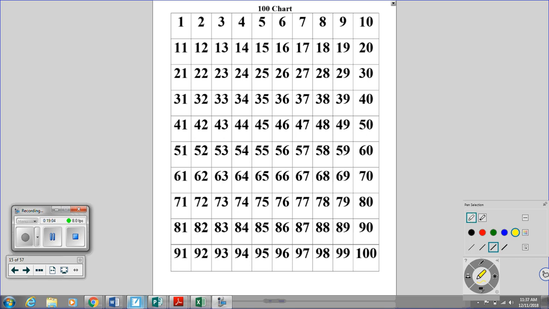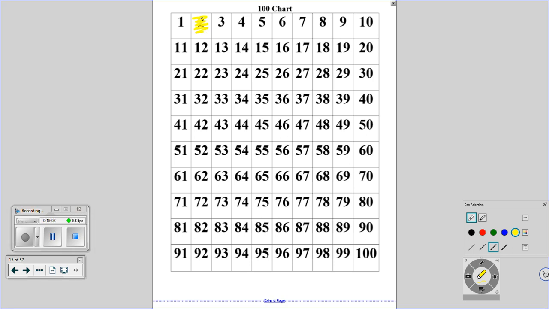My product of 2 times 1, Gabriella? 2. So I'm going to color in my 2. It shouldn't take forever because you're going to have a whole lot to color. So just a little. All right, 2 times 1 is 2. 2 times 2 is what, Ryan? 4.